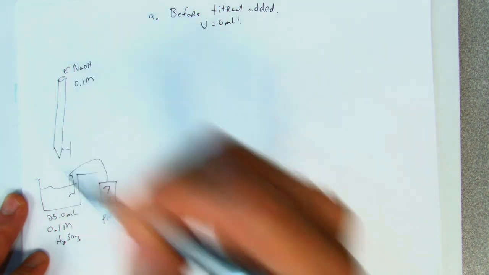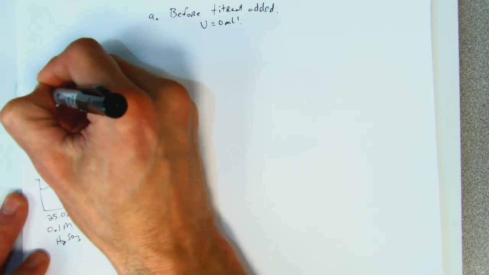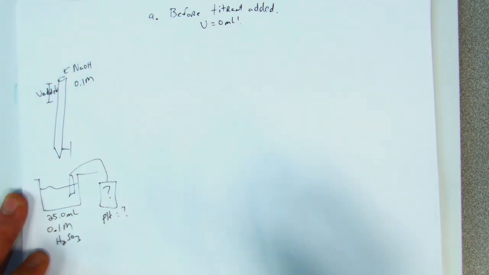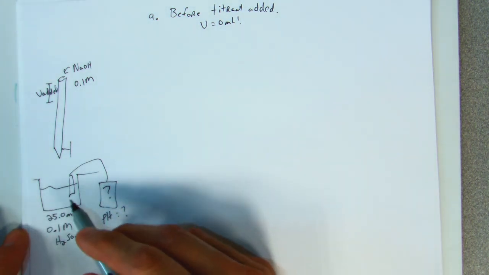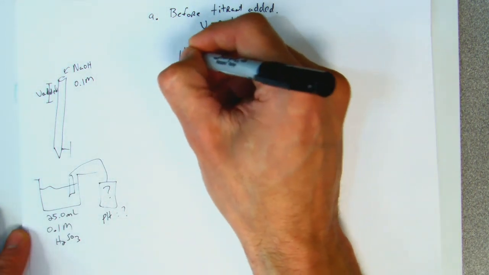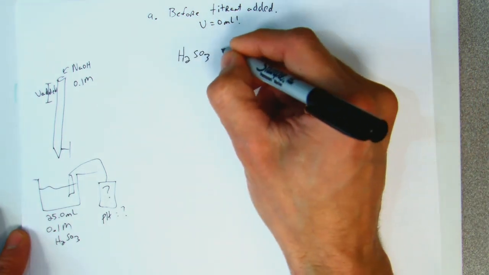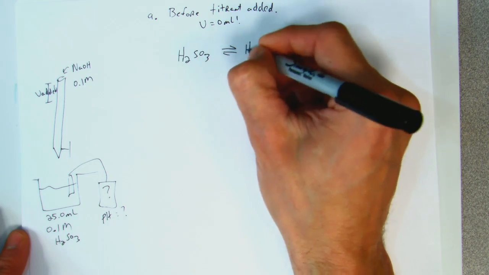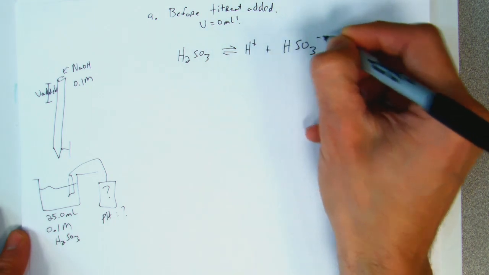I haven't added any of my titrant, have I? This is my V added. How much I drain, right? 0 milliliters. What do I have in this beaker if I haven't added any titrant? I just have a solution of my H2SO3, don't I? My weak acid. Now, that stuff can dissociate to donate a proton and make HSO3 minus 1.